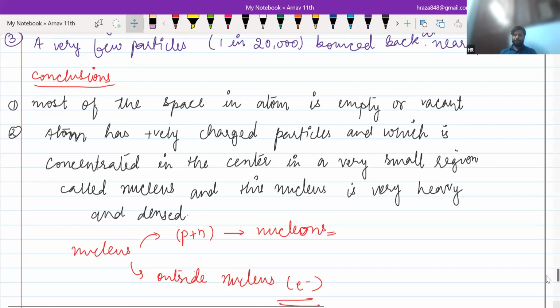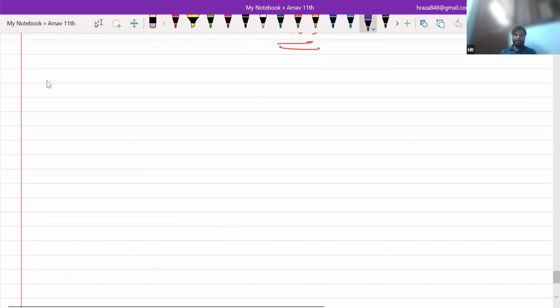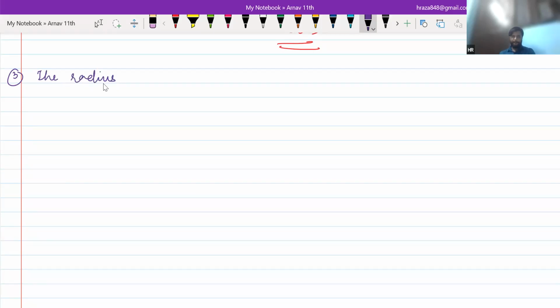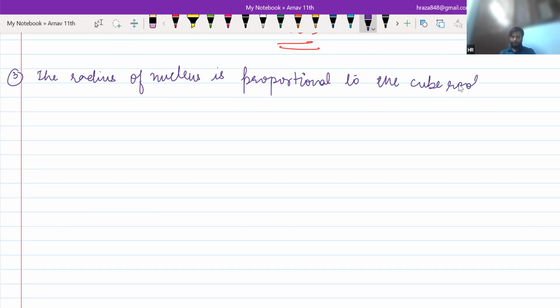Now see, Rutherford also tells us that the radius of nucleus is proportional to the cube root of the number of nucleons within it.